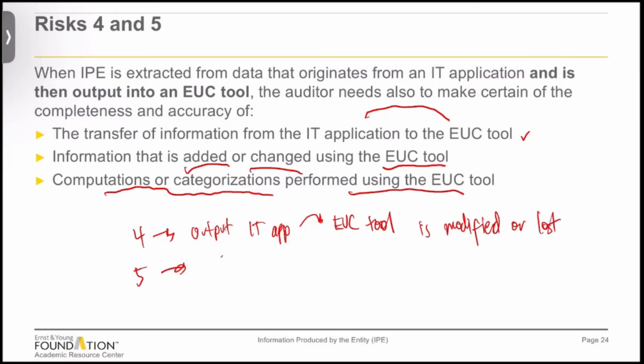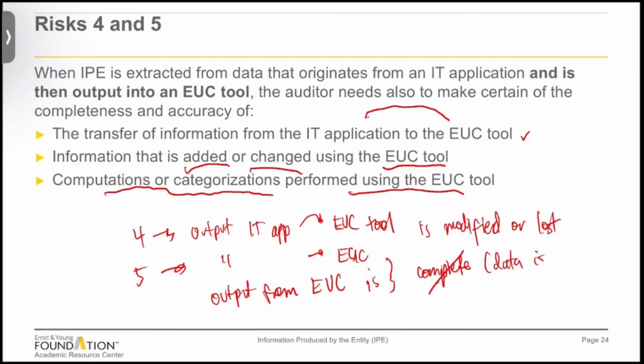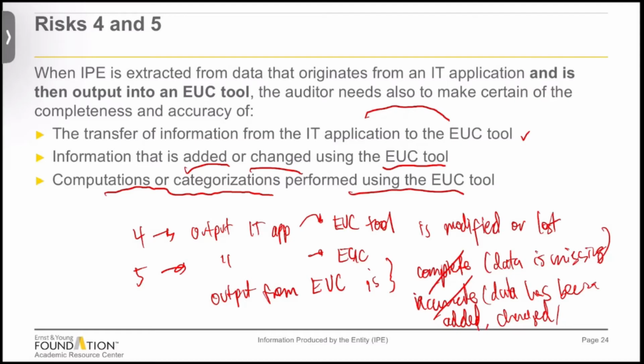While risk 5 is that the output from IT application into the EUC tool, or the output from the EUC tool is incomplete, or data is missing, or inaccurate data has been added, changed, computed, or categorized incorrectly.